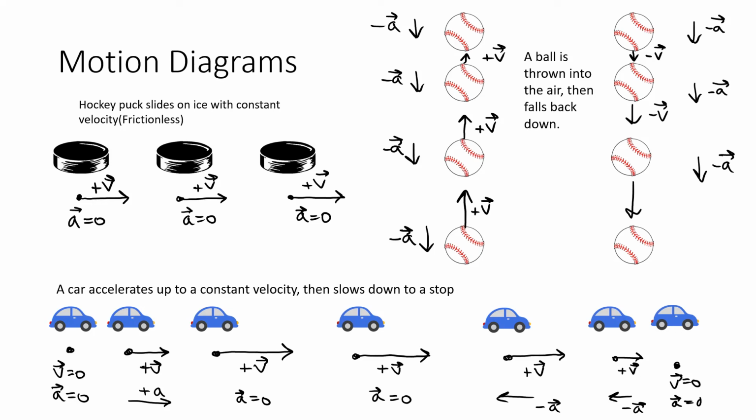If they're both pointing the same direction, that means we're going to increase the velocity in this way. But when they are opposite one another, so say we're moving this way, but we start to accelerate that way, opposing the motion, that's when we start to slow down and stop. And then if the acceleration continues this way, then we're going to start moving that way. So it's just like that baseball example up at the top.